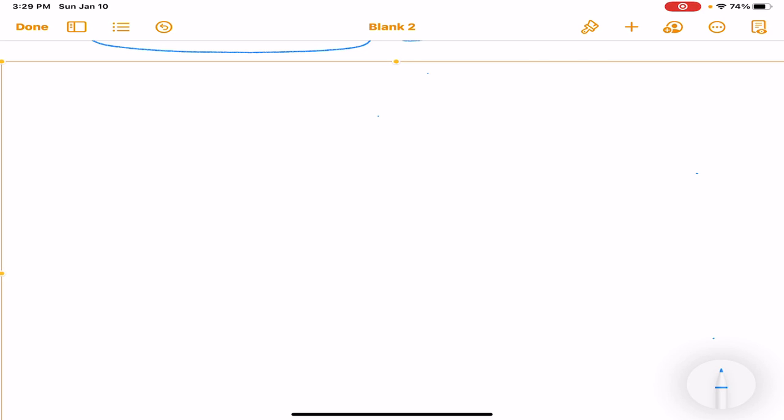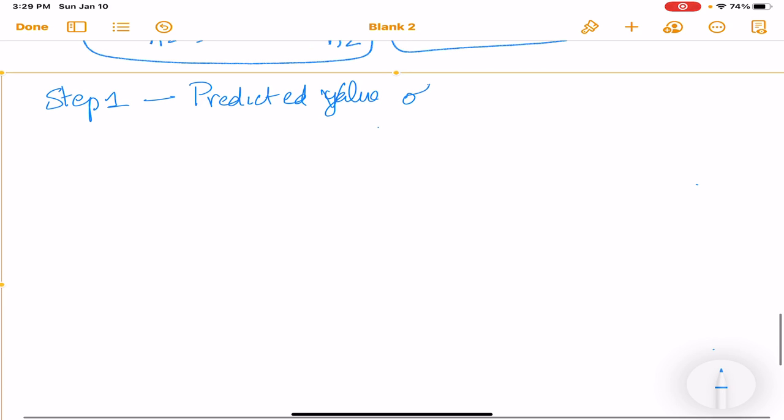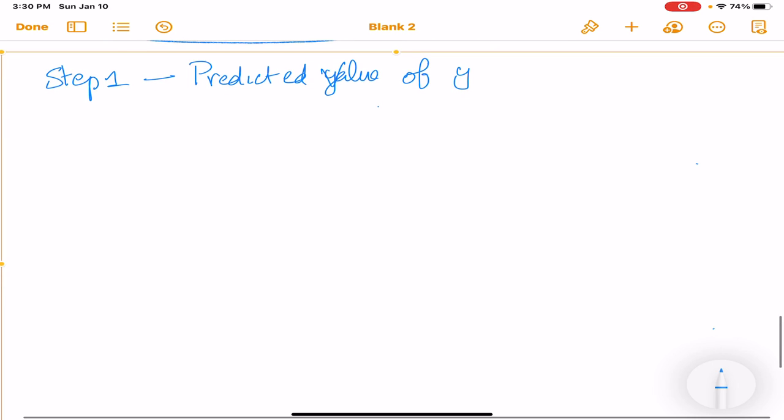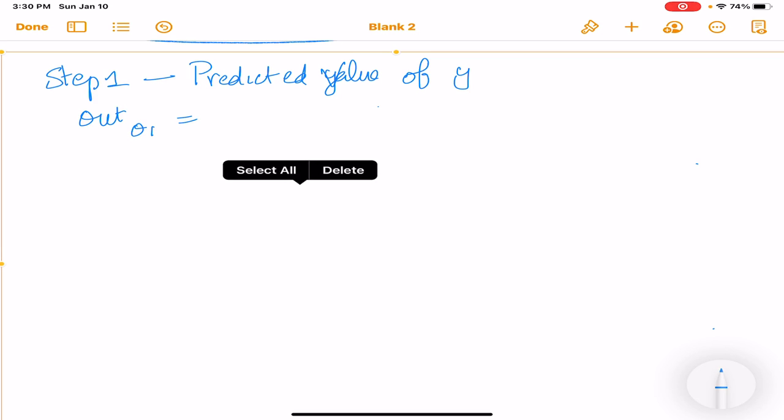So we have now completed step 1 of my forward propagation, which is to calculate the predicted value of y. The predicted value of y is nothing but out O1 for my first output node and out O2 for my second output node.